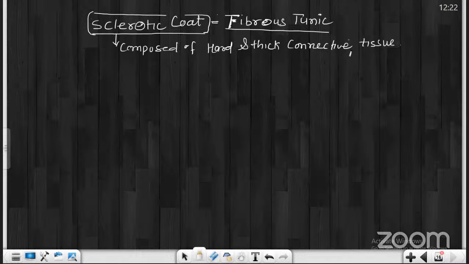It is divided in two parts basically. The sclerotic coat is divided in two parts. Number one cornea, and the second one is your sclera. Cornea आगे की तरफ होता है, sclera पीछे की तरफ होता है, ठीक है?